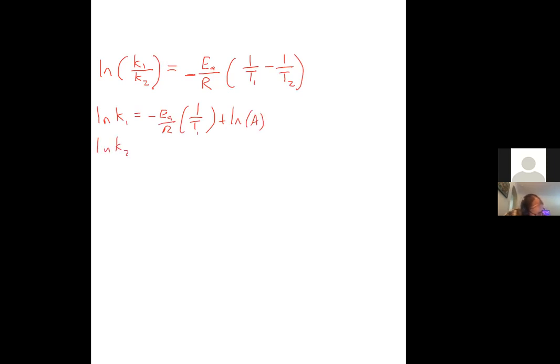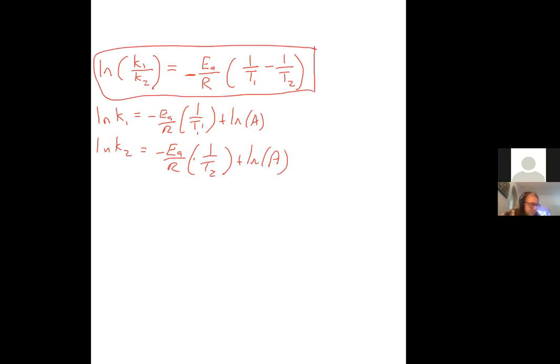Because what happens is as you change the temperature, you change K. Doesn't change A, doesn't change R. R is the gas constant, but it changes K. So what you do is you combine these two. And I'm not going to go through the arithmetic of combining them. It's fun, but I'm not going to take the time to do that for you. So it's right here. This is the equation you want to use, okay?